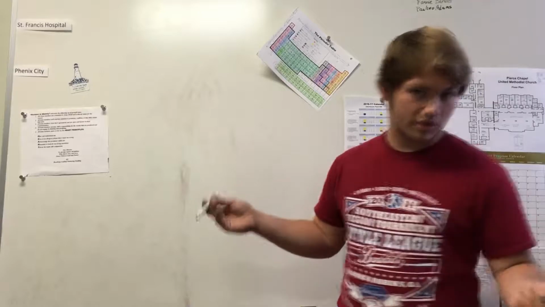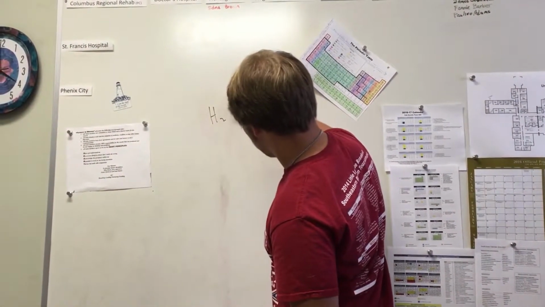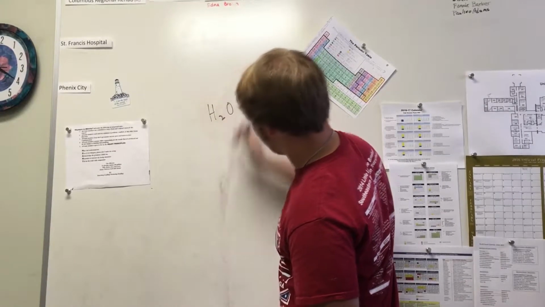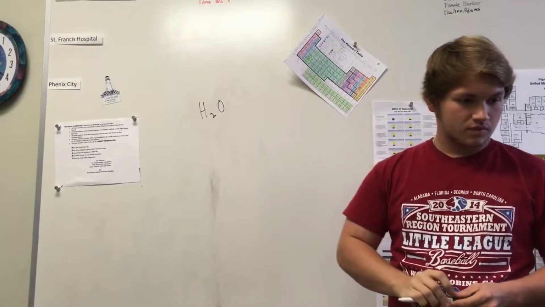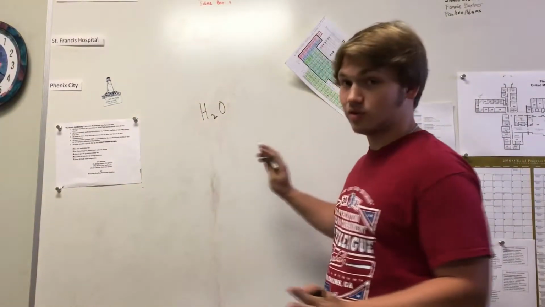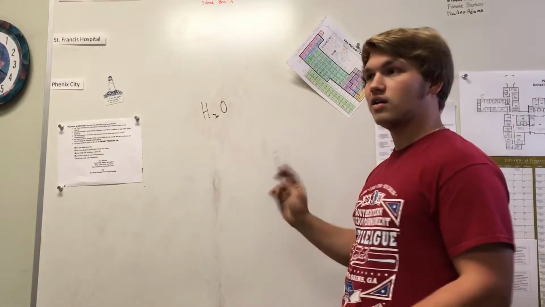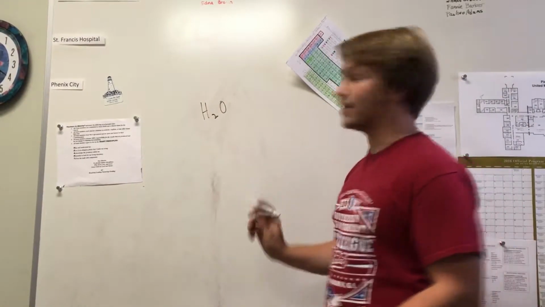So, example again with H2O. This one, I mean, you already know the name, but I'll show you why. So hydrogen has 2, so if you look back at that table, the prefix for 2 is di.